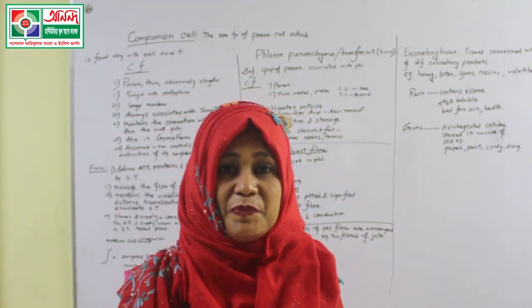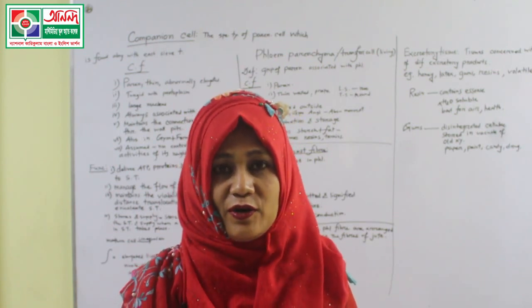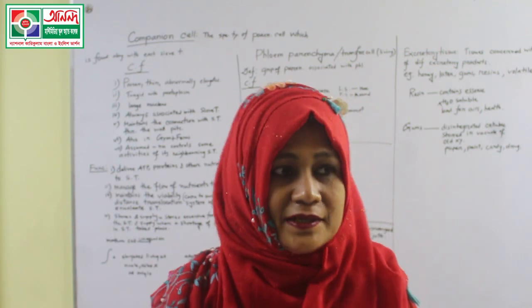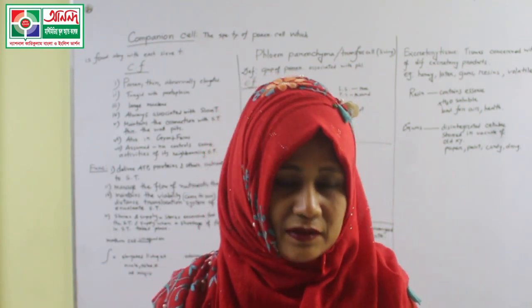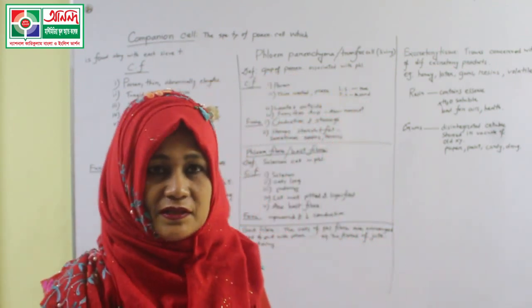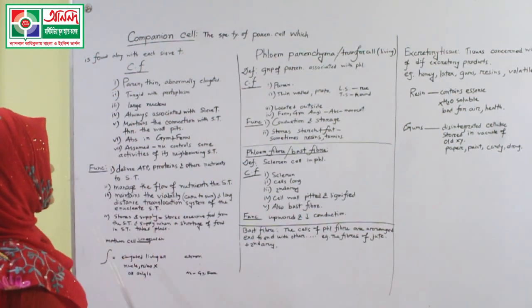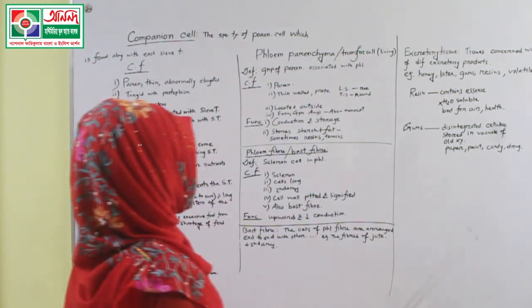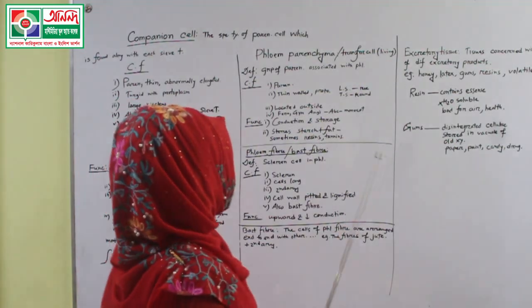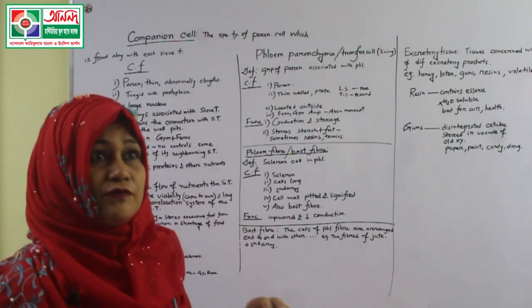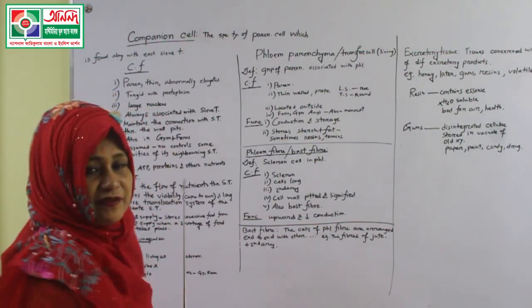Those highly organized cells which are related to conduction of nutrients in the phloem are known as the sieve tube. Today I will discuss the companion cell, Phloem Parenchyma and Phloem Fiber, and also excretory tissues. And what is Phloem Fiber or bast fiber?